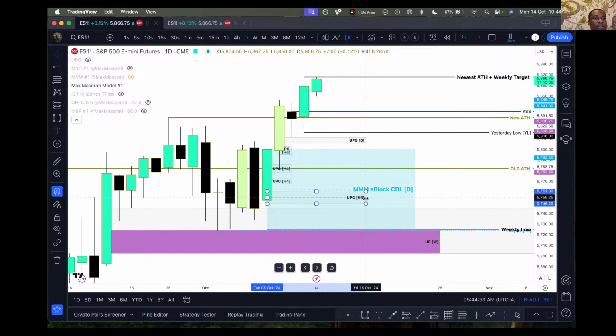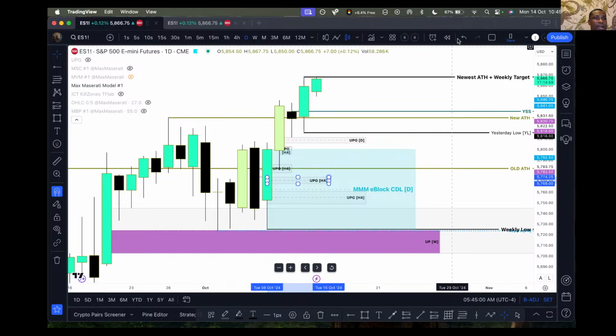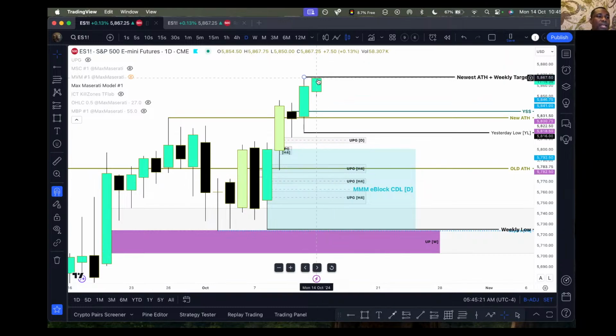On the lower time frame, we have an unfair pricing gap on the 4-hour here, and another unfair pricing gap on the 4-hour here, which means there are plenty of buyers here. And the sellers, if they were to push price down, will be looking to this level here to exchange the amount of contracts they are selling.